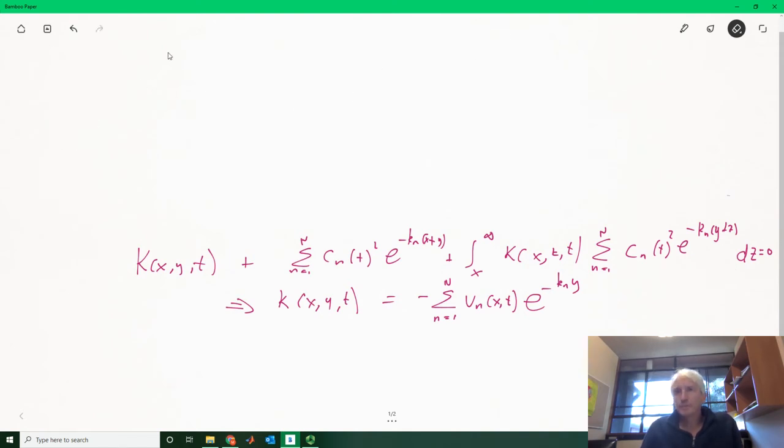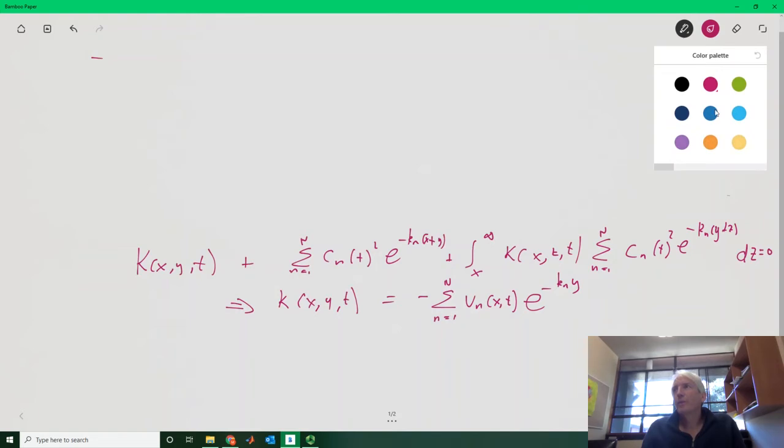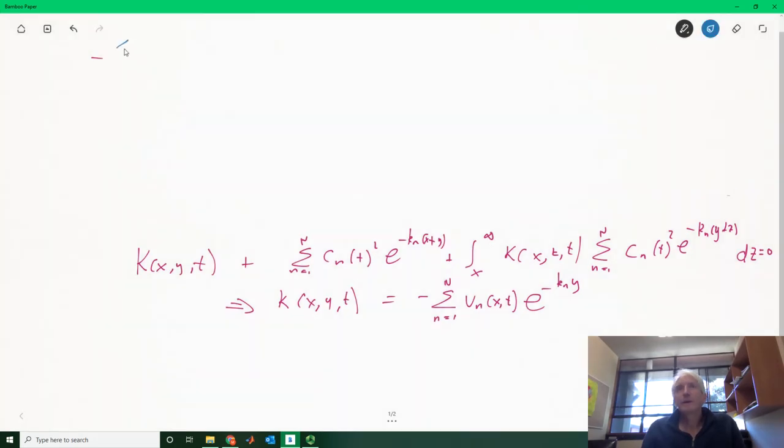So what have we got? We write K equal to this term here, so we're going to get minus the sum.